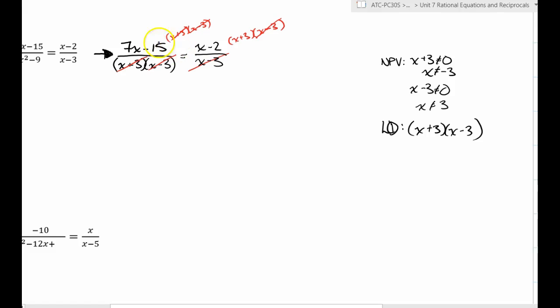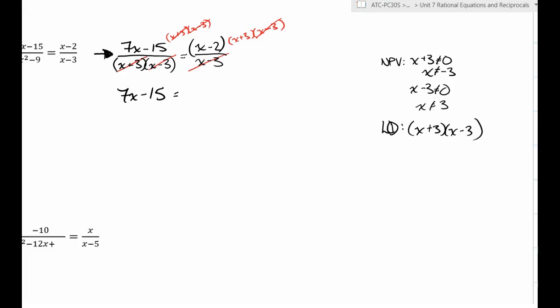Now when I go to multiply on the left-hand side, luckily there's nothing to multiply, so that stays the same. 7x minus 15. But on the right-hand side, I actually have 2 binomials. That x minus 2 is basically like it's in brackets, because it's all part of that original rational expression on the right-hand side.